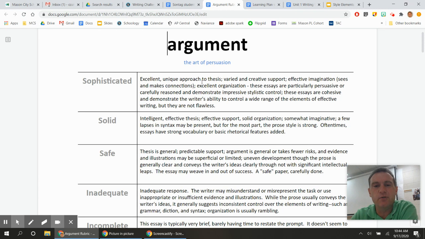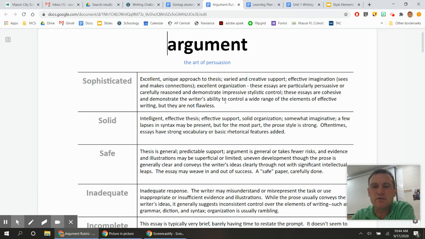Sometimes people do things that are more precise or more accurate or more complicated in their writing, and that's what they're trying to give voice to here. Here they note organization is excellent, okay, versus just solid, right?